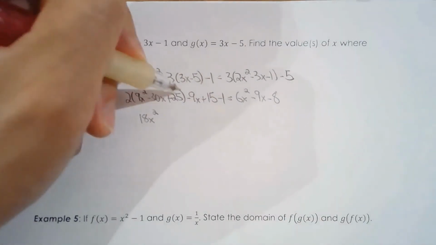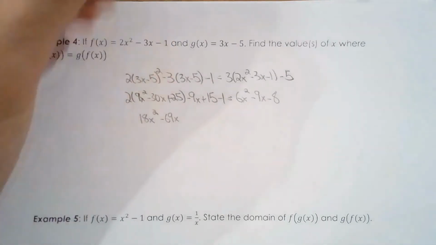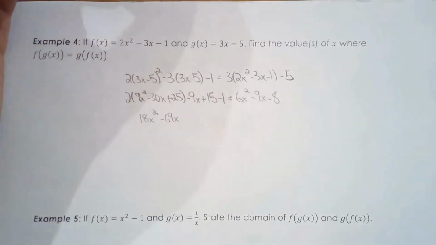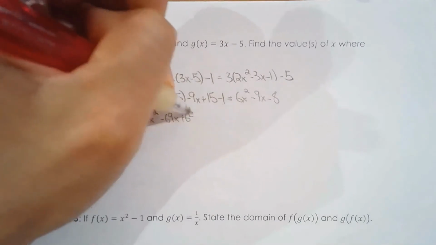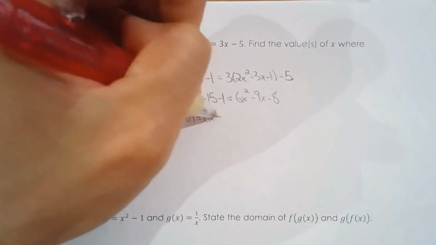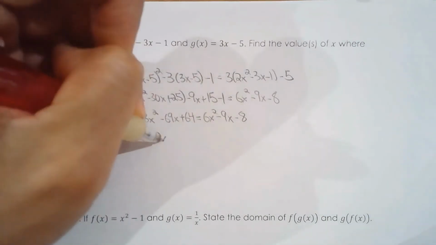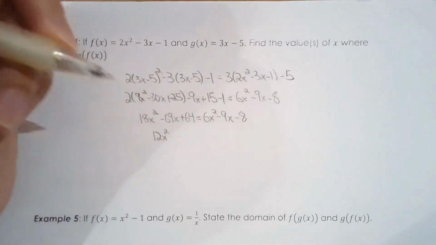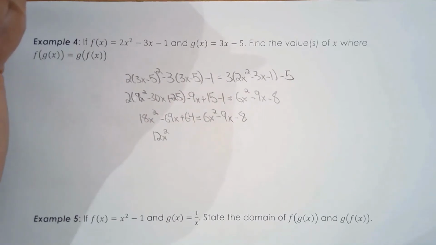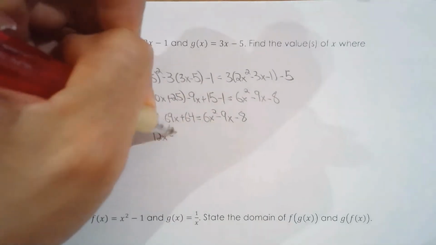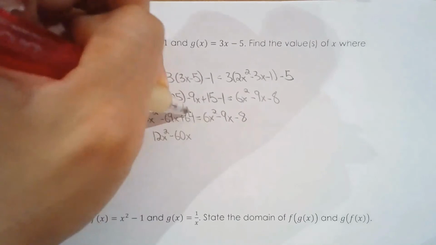So 60x minus 69x, 50, 15 is 65, 64. So this is 12x squared, 69, this is minus 60, and then 72.